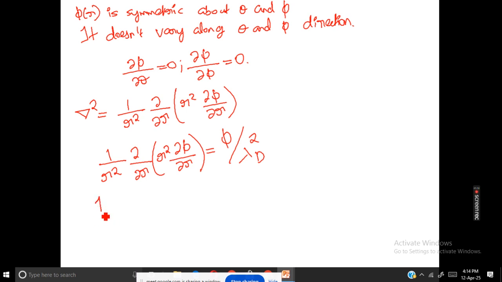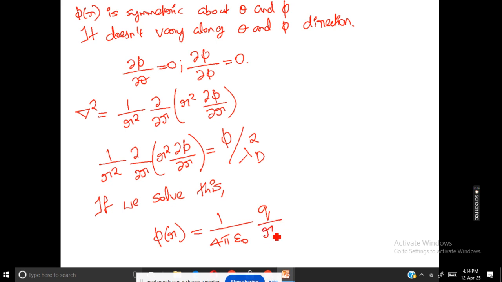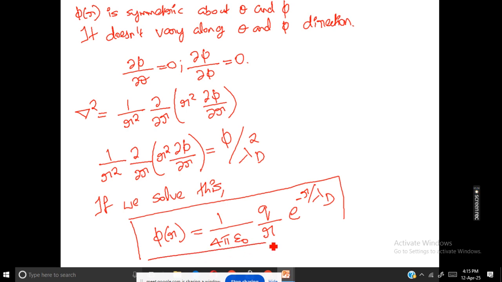Now we solve this. We get an equation like phi of r is equal to 1 by 4 pi epsilon 0 into q by r into e raised to minus r by lambda d. Compared to the Coulombic potential, there is an additional term, which is e raised to minus r by lambda d.